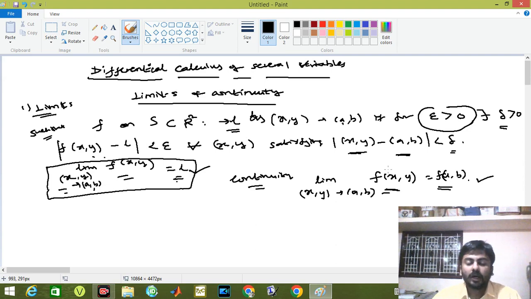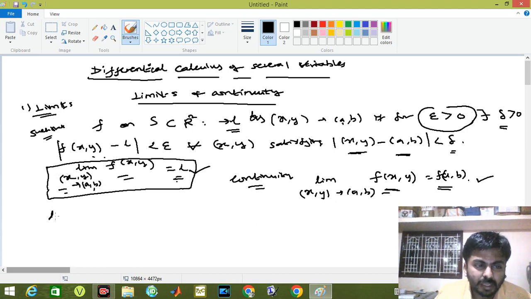Now we are going to check whether the given function is continuous or not. So now take down the problem. But before going into the problem, you have to understand one thing.